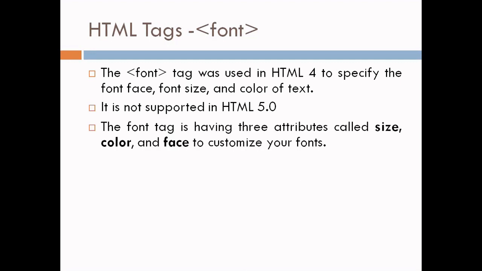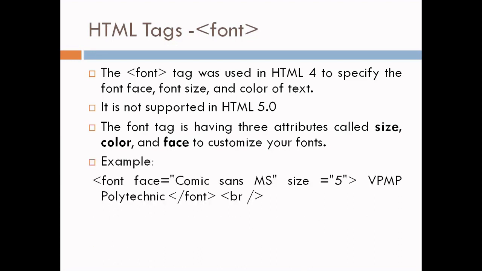The font tag has 3 attributes called size, meaning we can change the size of a font; color, meaning we can change the color of font; and face, with which we can change the type of font like Times New Roman, Verdana, Comic Sans, etc. So the example is font face is equal to Comic Sans MS. Here Comic Sans MS is my font style.